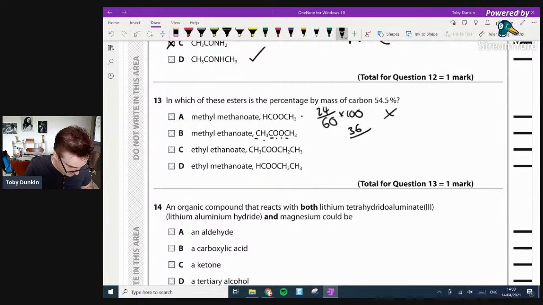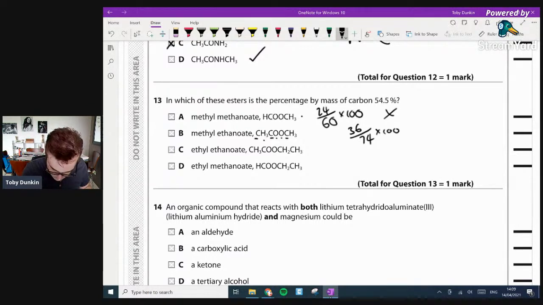Oh, calculator error. Plus 3, plus 32, plus 32, plus 3, and 36, over 74. So 36 over 74 times 100 gives me 48%. So that's not enough either.